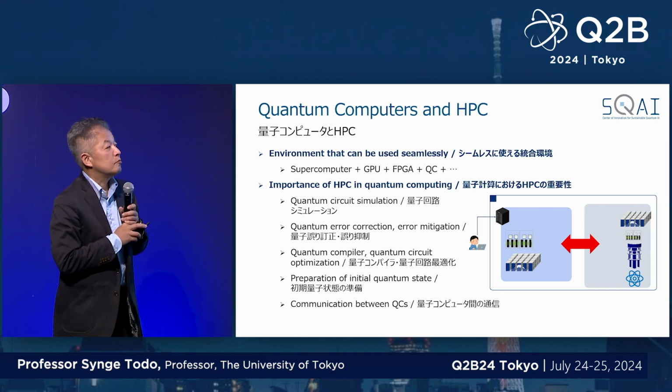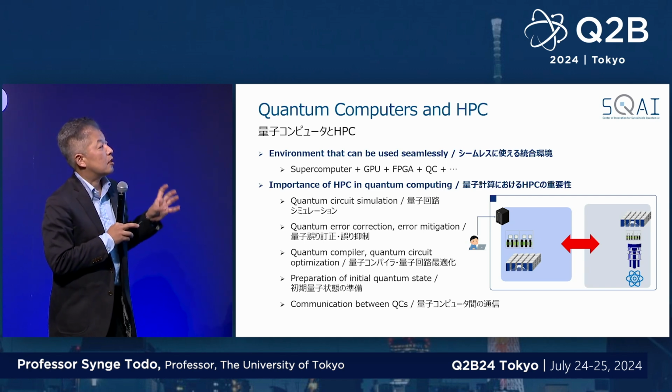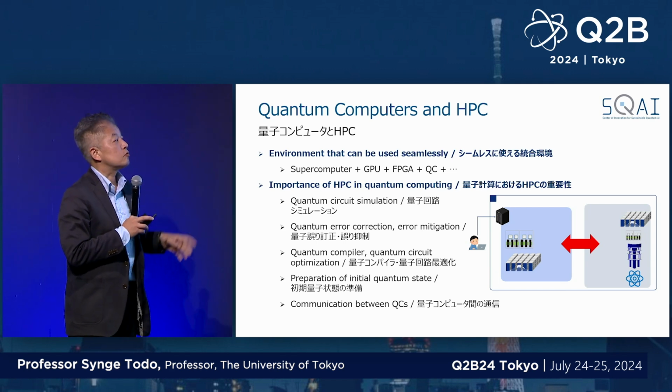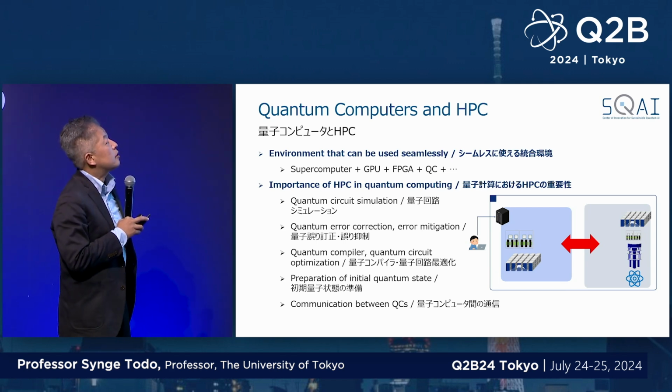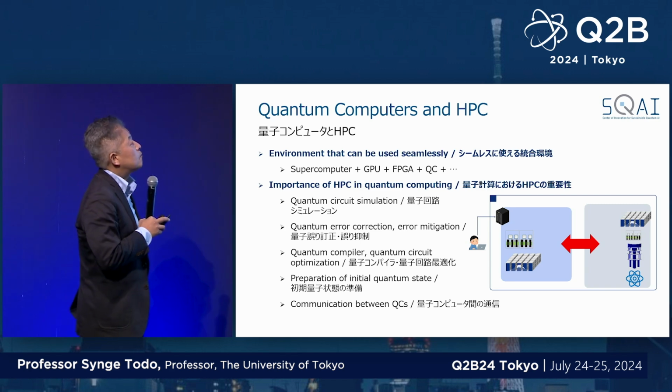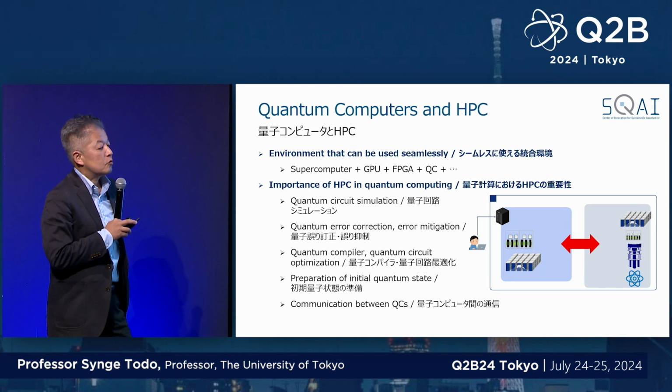Another example is quantum error correction or error mitigation. Error correction, error mitigation, suppression. We tend to use external resources, meaning that we have to have high performance computers.